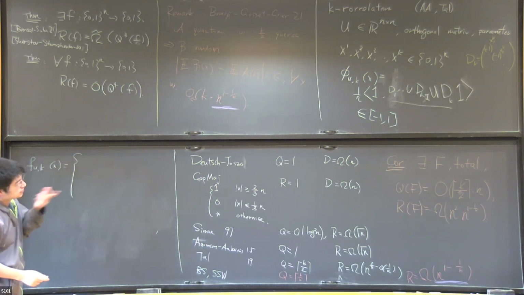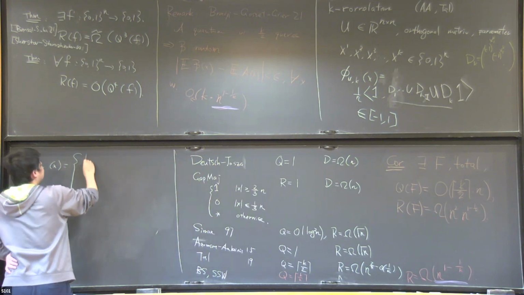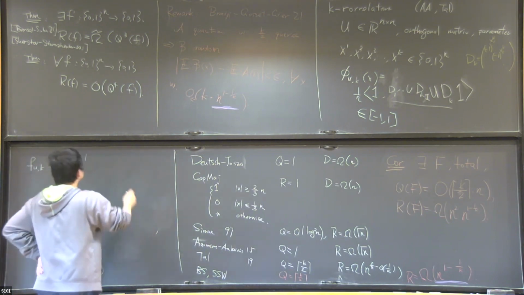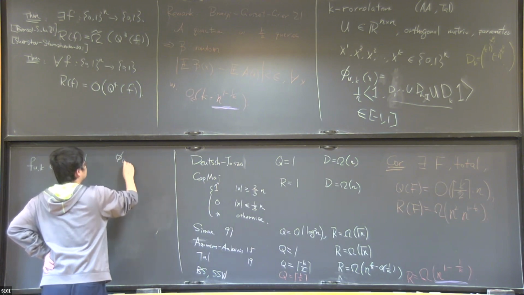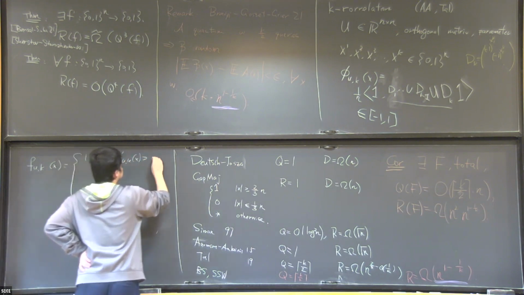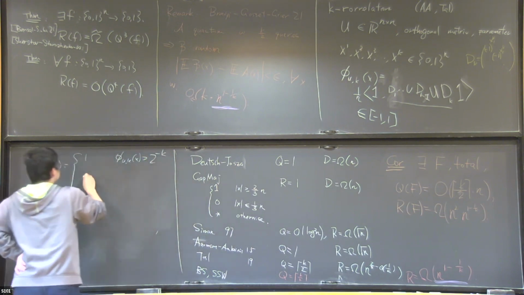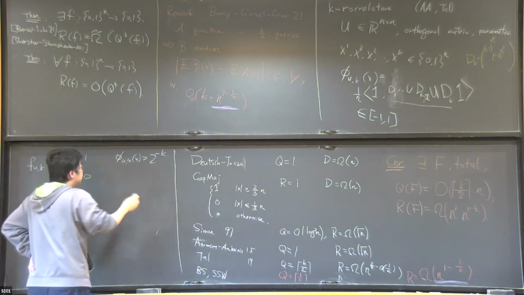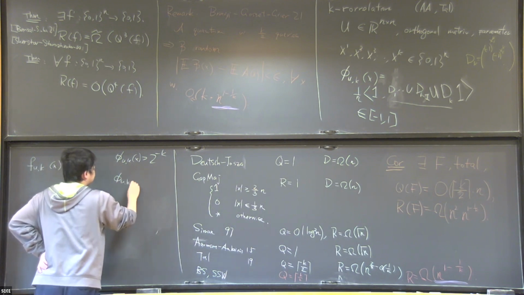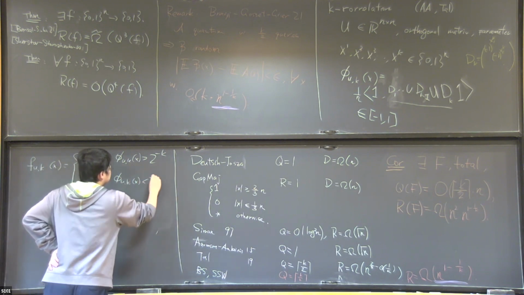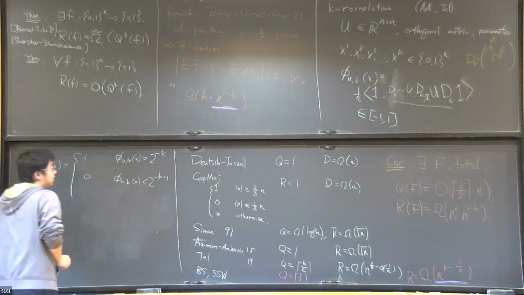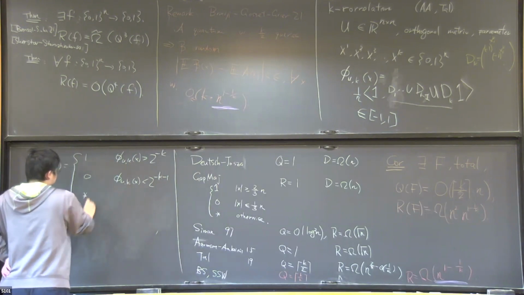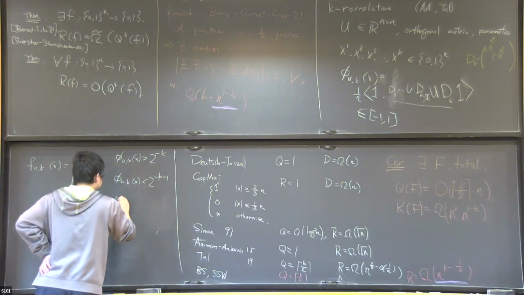The one instances are those whose correlation is larger than 2 to the minus k, and zero instances are those whose correlation is smaller than 2 to the minus k minus 1, and for the other inputs we don't care.